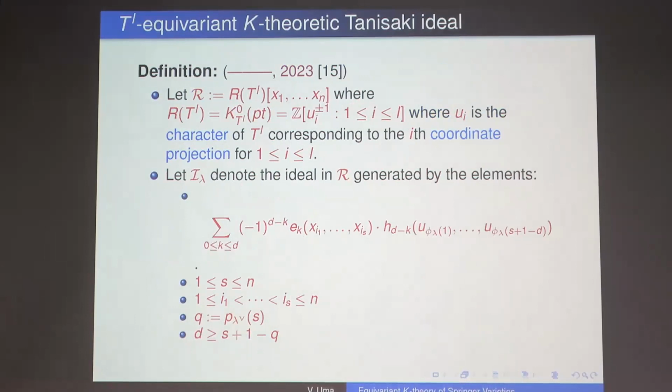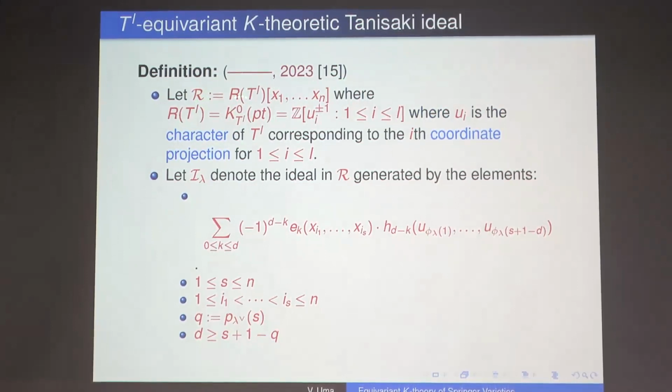So I will first give the definition of the ring, the presentation, and then we will explain how we prove it. So this is the ring script R, which is the K-theoretic analog of the Abe-Horiguchi ring.